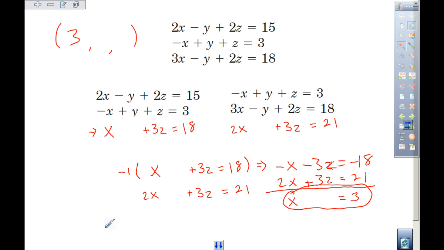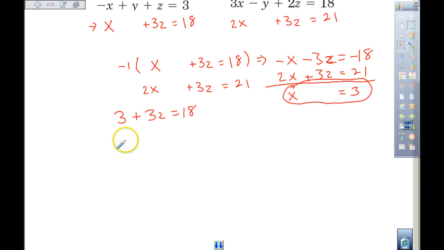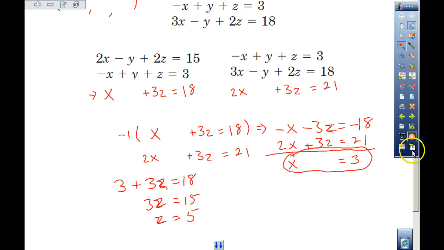All right, so I get 3 plus 3z equals 18. 3z equals 15, so z is 5. Again, be careful with those z's. Make sure they look like z's. Z is 5.